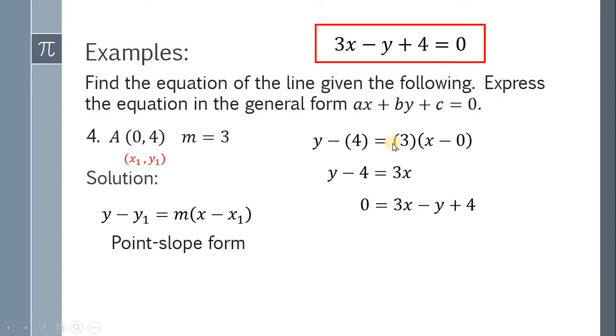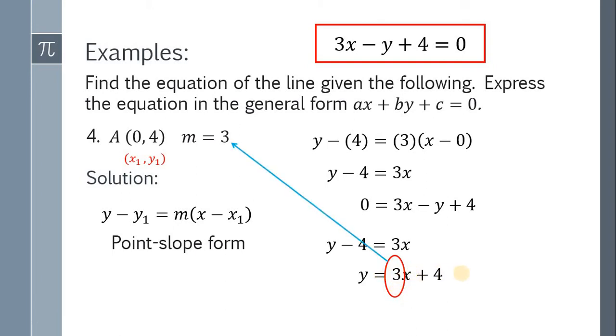So, dito, hahanap na tayo ng pattern. Baka meron lang tayong makitang pattern. Ano ba yung pattern na tinutukoy ko? Kunin natin yung y minus 4 equals 3x. Lipat natin yung 4 sa kabila or add 4 both sides. So we have y equals 3x plus 4. Now, familiar ba sa inyo yung 3? Saan nyo nakita yung 3? Yung 3 kasi, iyan yung slope.